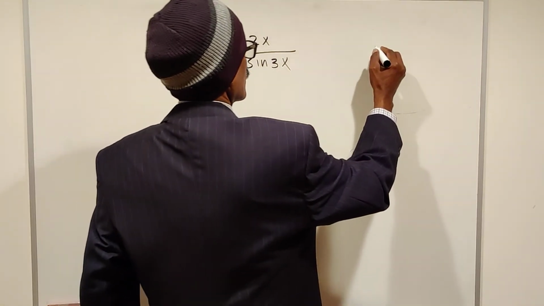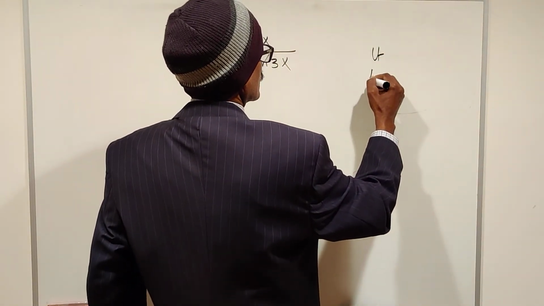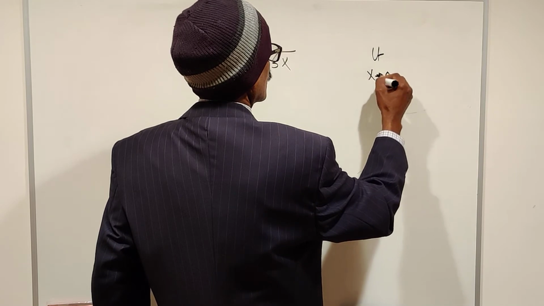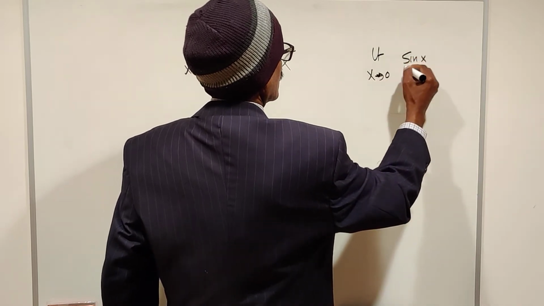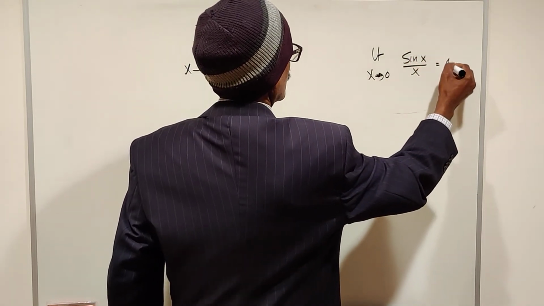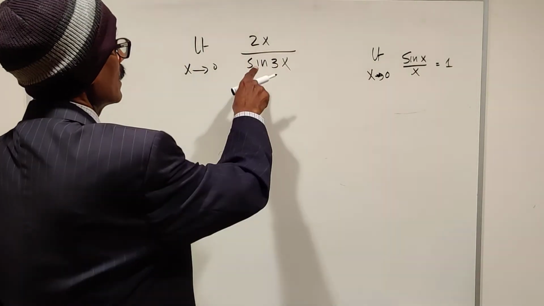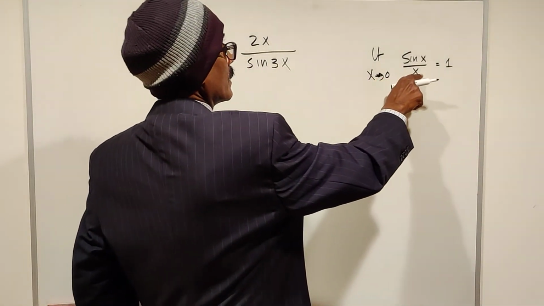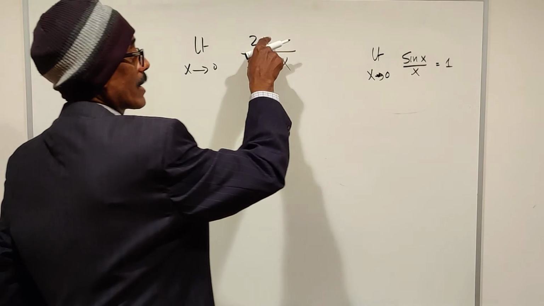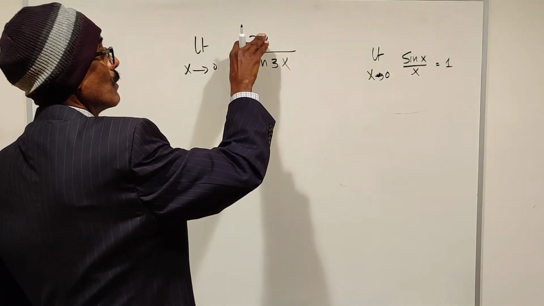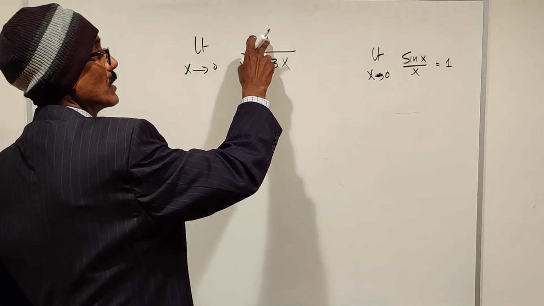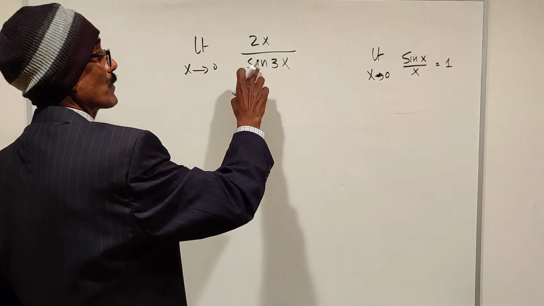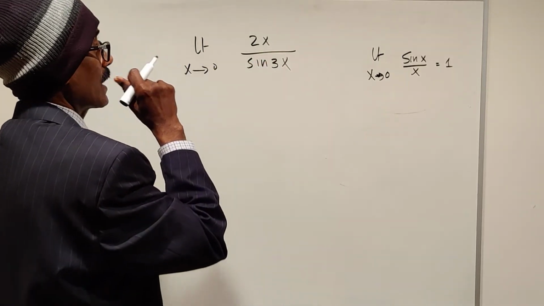What is the formula? Limit x tends to 0, sine x by x equals 1. That is the formula. Here the denominator is x, and here the numerator is x. We need to move that x to the denominator of sine 3x. So how can you do that?